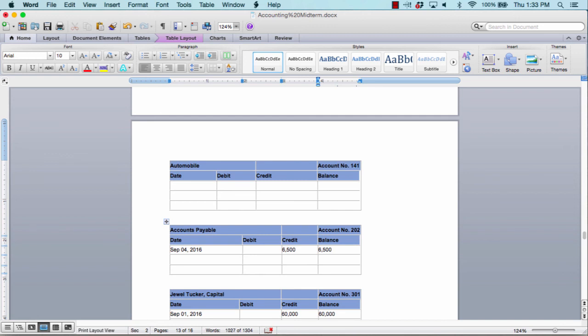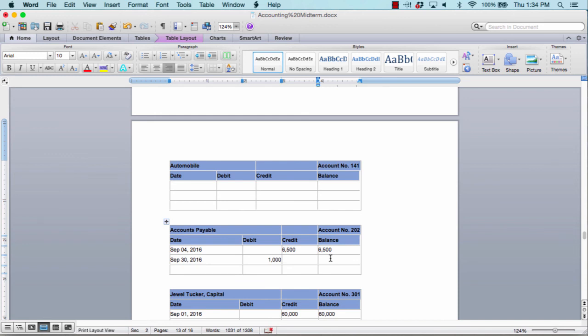Now let's say that a future transaction also affected the accounts payable. So you write down that future date here. Let's say it's September, I don't know, 30th. And then let's say that the transaction was a debit of $1,000. This is not an answer right here, okay? I'm just giving you an example.